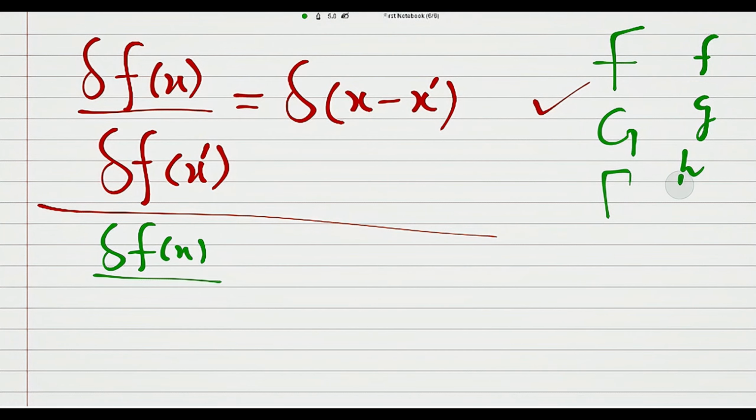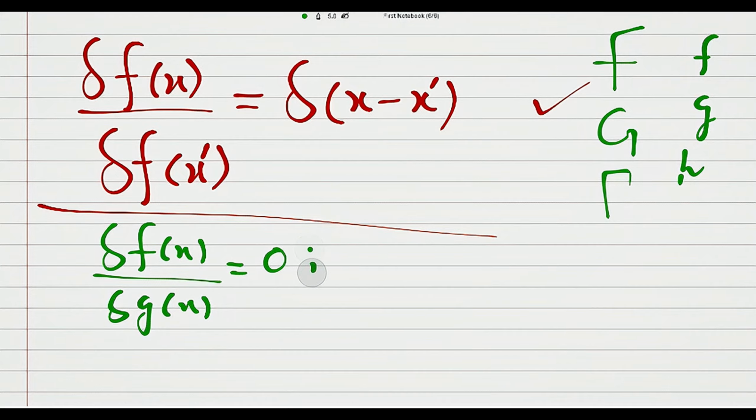That distinction helps you tell functions and functionals apart. So if you are finding the functional derivative of f of x with respect to g of x, and they are independent functions, it will equal 0, since they are independent and will vanish.